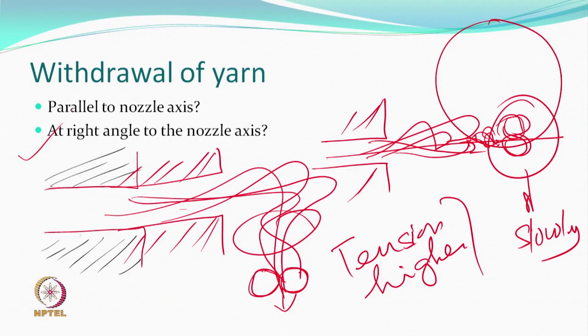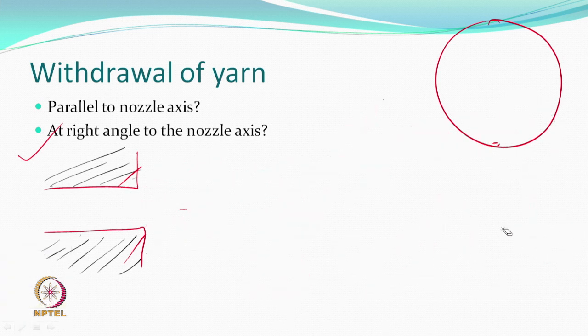So, this is how one can think of it. Let me see if we can do something. Okay. So, if we are withdrawing parallel to the nozzle axis, and if you look at the cross section of a jet, then you find that all the filaments have an equal probability of being found in the cross section of the jet without any bias.